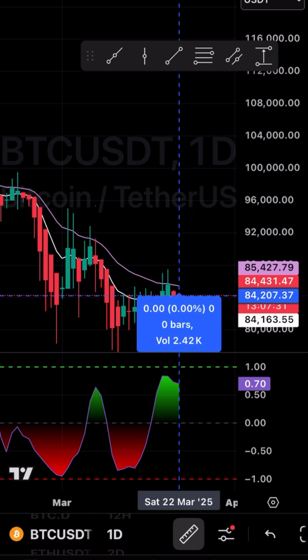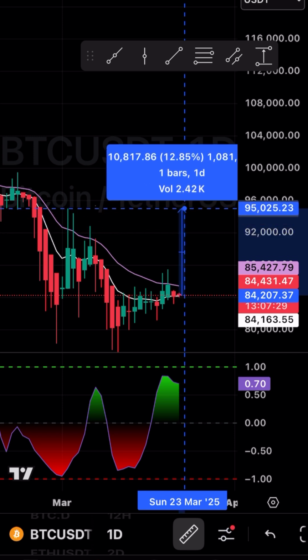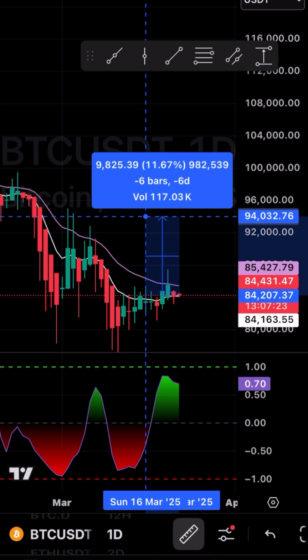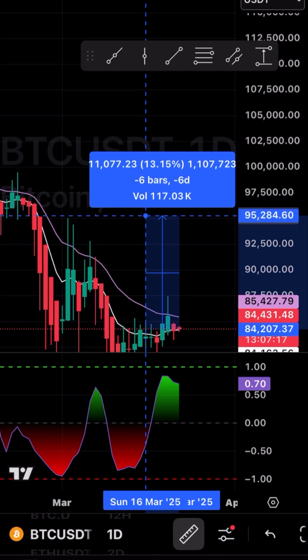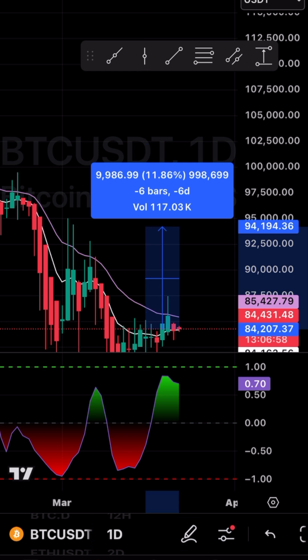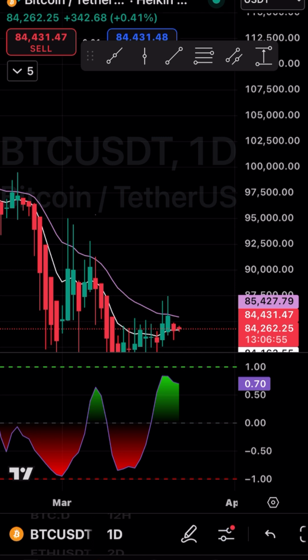If you came right here, 1 million is right about here. Okay, that's close to 1 million. It goes from basically 84 to 94, so you have to catch a $10,000 move. From point A to point B, whether you're going up or down, you have to catch a $10,000 move to make $100.